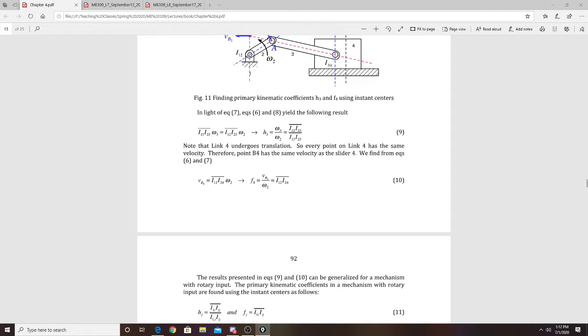I know the derivation might kind of bore you, but essentially this equation is just I12 I2n over I1n I2n, and n is whatever link you're on.